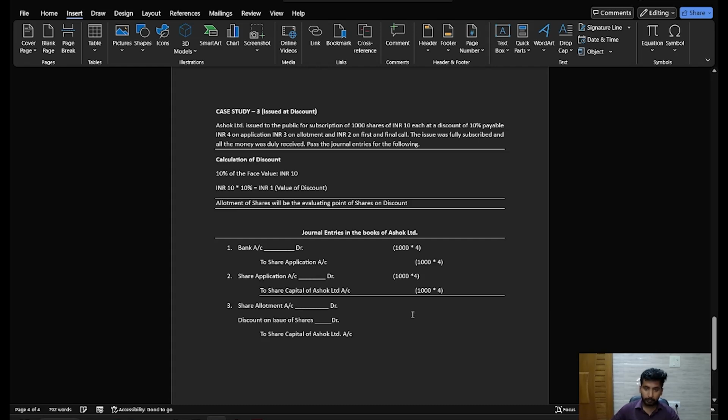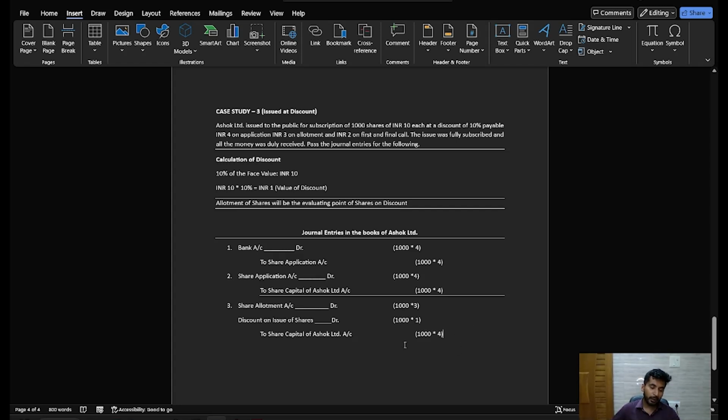Now what will be the amount? अलॉटमेंट हमने जितना हमारे पास आया है उतने से करना है. 1000 into 3. Rupee 1 will be the discount, that is 1000 into 1, and the entire amount transferred to share capital will be 1000 into 4. Just the reverse entry of shares at premium.